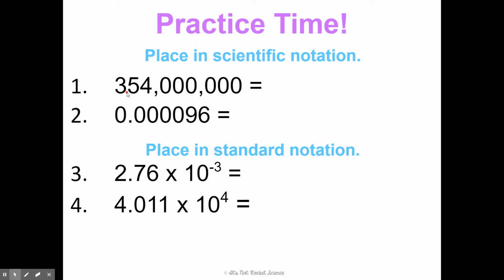And then I want you to finish writing that in scientific notation. For number 2, I'm going to have to make this small number bigger. So I'm going to be going 1, 2, 3, 4, 5 places and start with 9.6 at the front of my scientific notation.